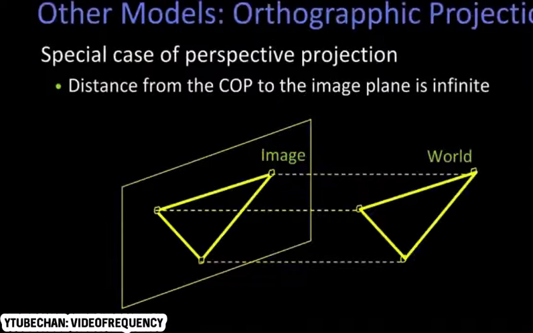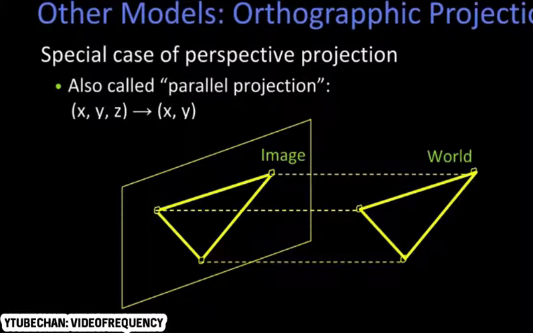It can be thought of as a special case of perspective projection, but where the distance from the center of projection to the image plane is infinite and my object is infinite. If those both were infinite, then the z value doesn't matter because those rays are parallel. So that's why this is also called parallel projection. And so xyz just gets moved to xy.